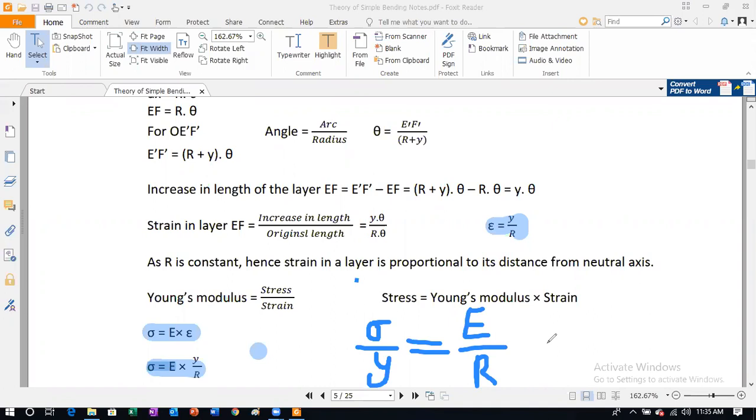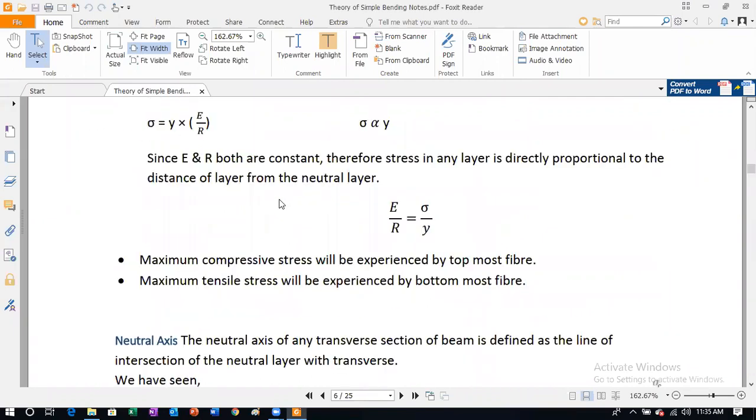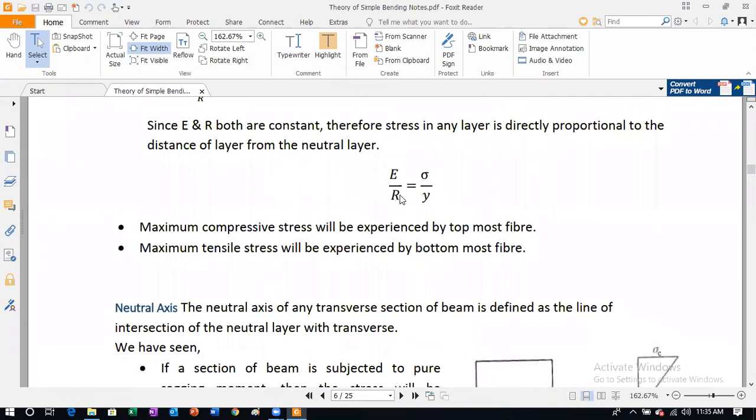Now we have to derive the second part of this derivation, that is moment of resistance, right? Moving further, we will have to first discuss the neutral axis, since sigma upon y is equal to E upon r.